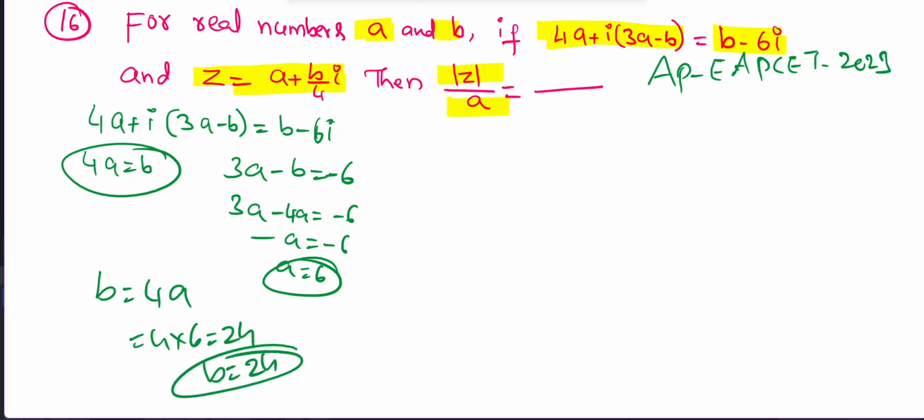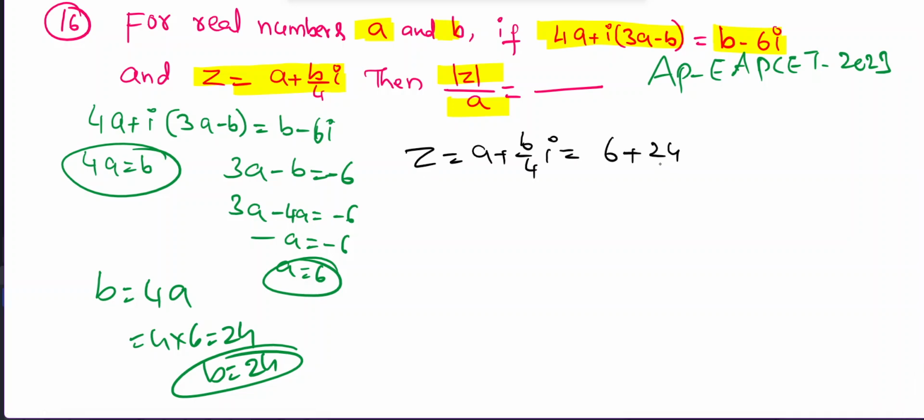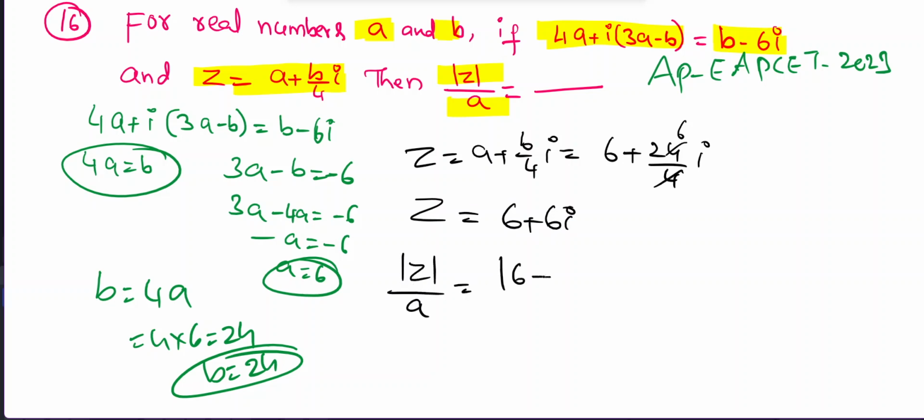And z is given, that is z is equal to a plus b by 4 into i. Here the a value is 6, the b value is 24 by 4 i. Here 4 sixes, 24 by 4 is 6. Therefore z is equal to 6 plus 6i. Now we find mod z by a, that is equal to mod z. z is 6 plus 6i by the a value, which is 6.